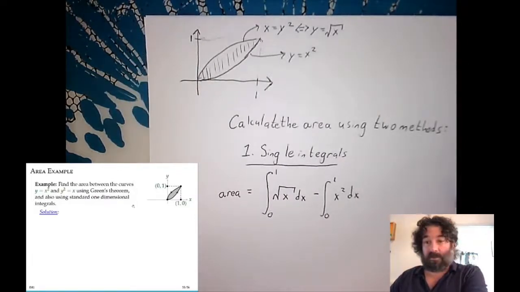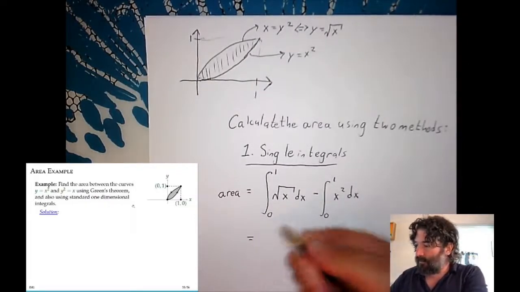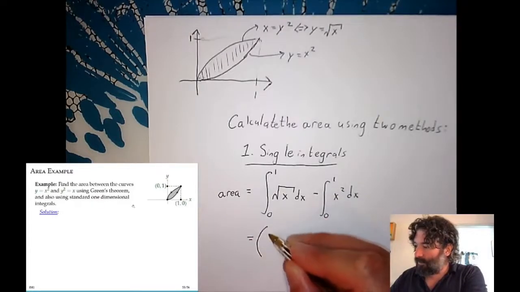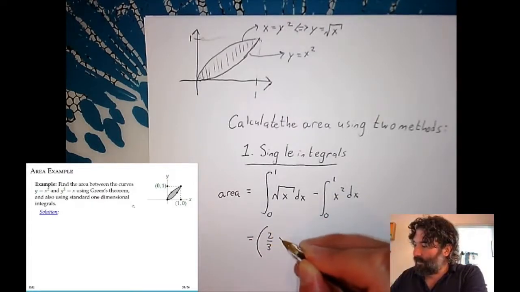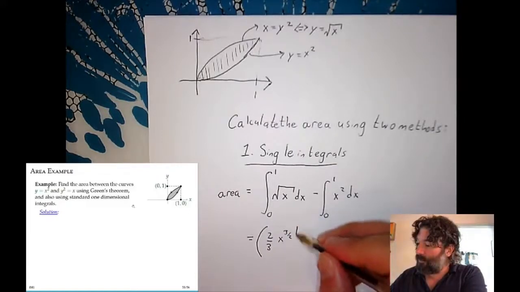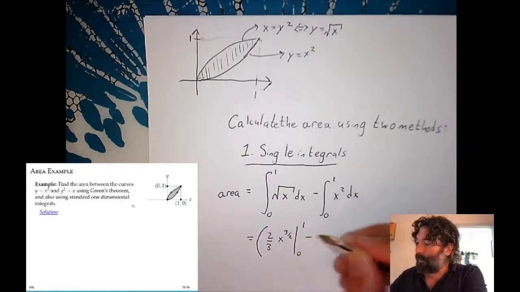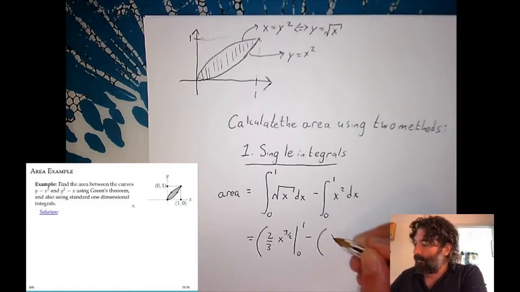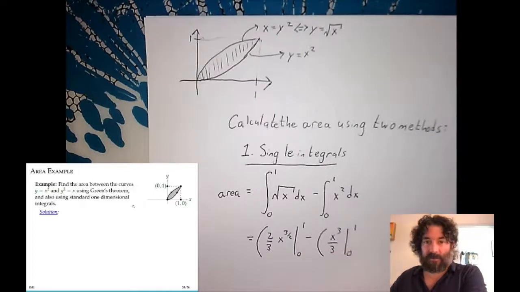All right, and so these are simple integrals. We can do this in a fairly straightforward way. So this will be 2/3 x to the 3/2, the indefinite integral of x to the 1/2, minus x cubed over 3, evaluated from 0 to 1.